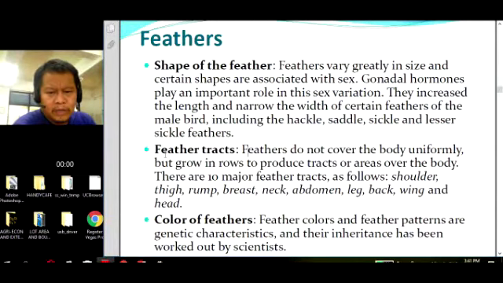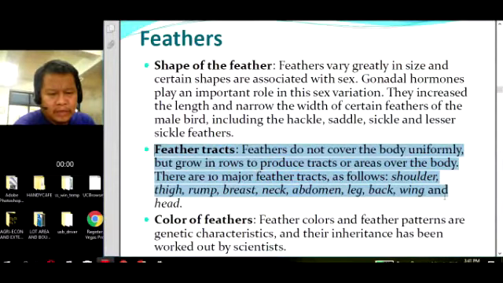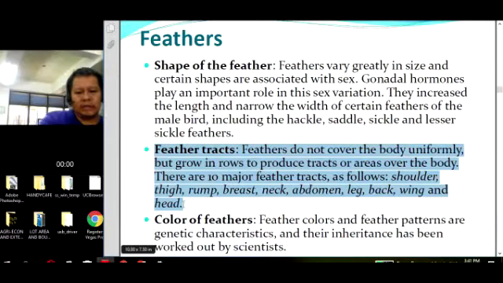So still on feathers, we have the feather tracts. No? Feathers do not cover the body uniformly. So there are portions of the bird's body that have not been covered with feathers, but they grow in rows to produce tracts or areas over the body. So the arrangement of bird feathers is not random, they are arranged in rows.